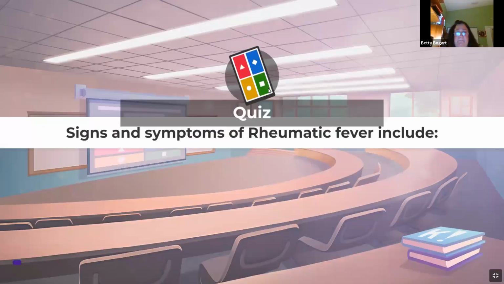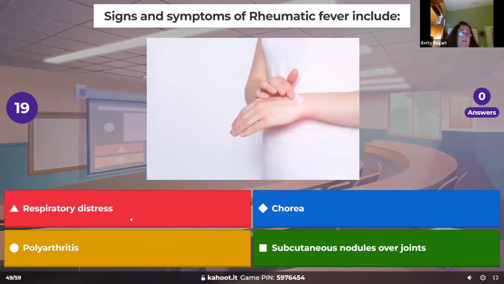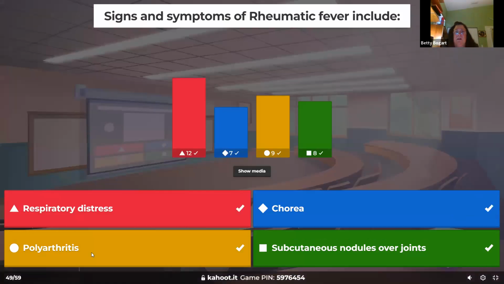Signs and symptoms of rheumatic fever include, well, rheumatic fever is due to a strep throat, right? So we're going to be sick. We're going to have a fever. We're going to have this rash.